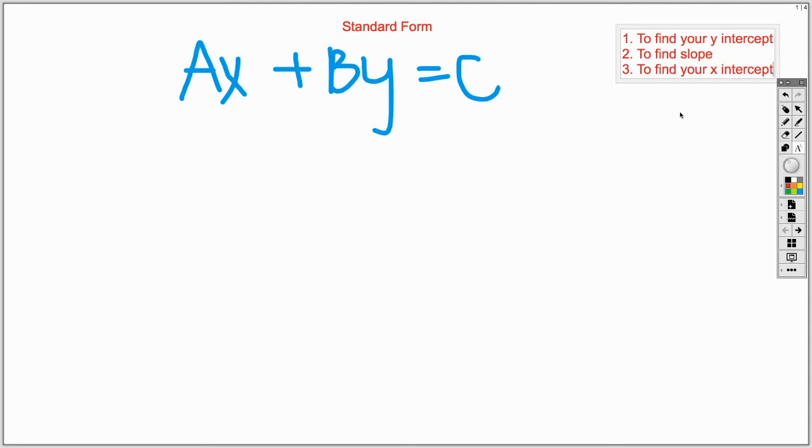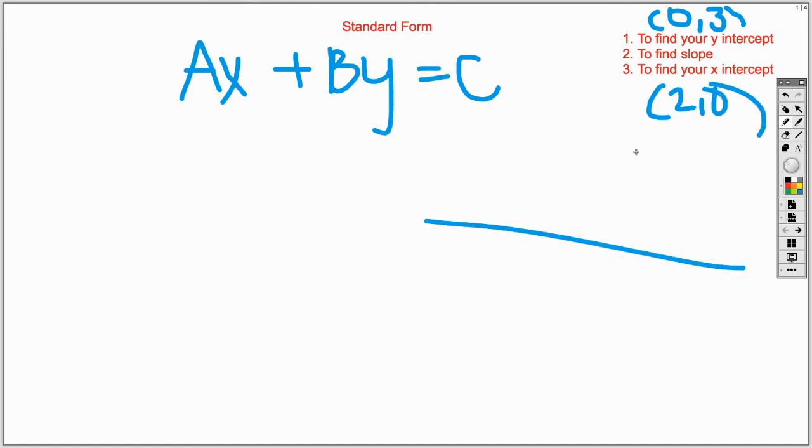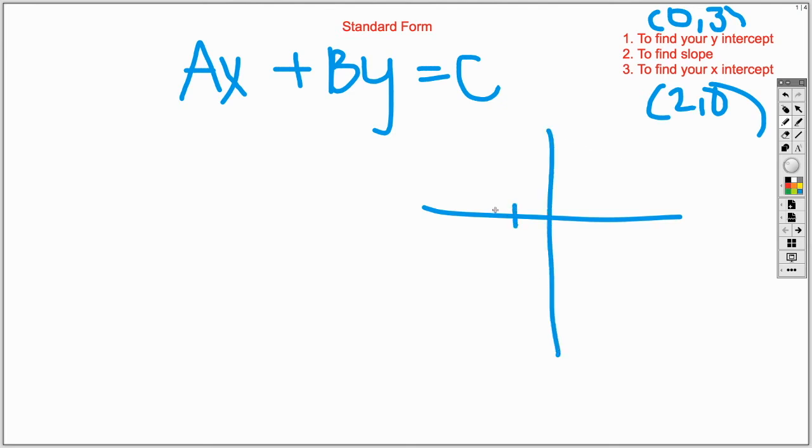For those of you who do not know what your x-intercept is, basically, y-intercept is when x is 0, what is y? So maybe 0, 3. X-intercept is the same thing, but opposite. What is x when y is 0? So x could be 2 when y is 0. And to sketch out a little graph, it could look like this.